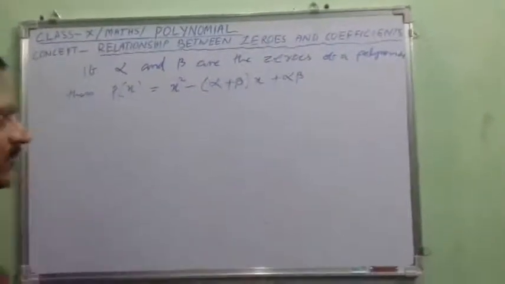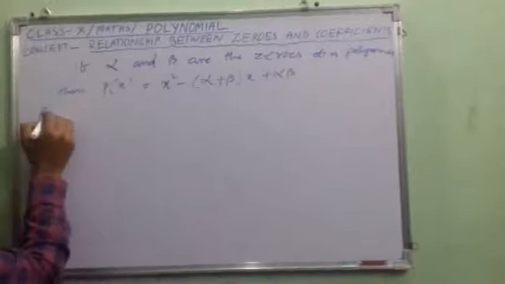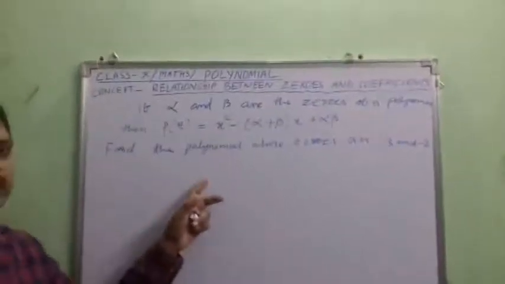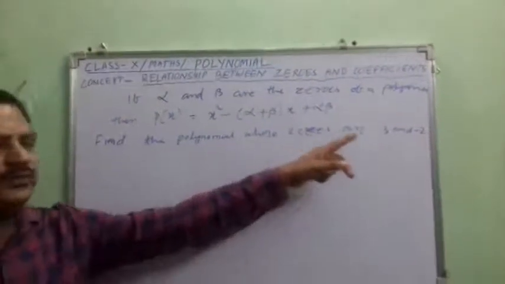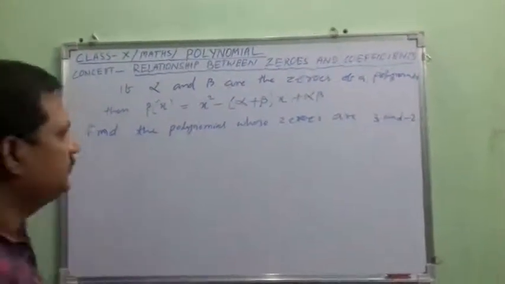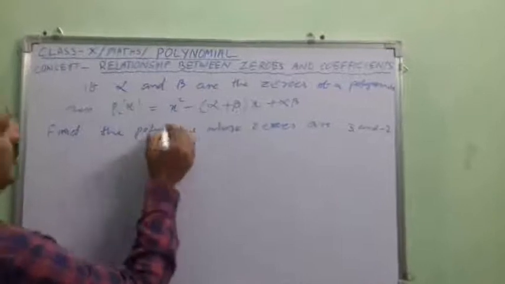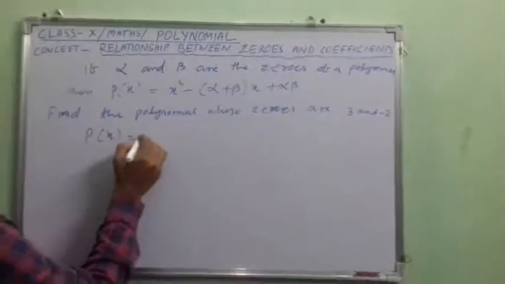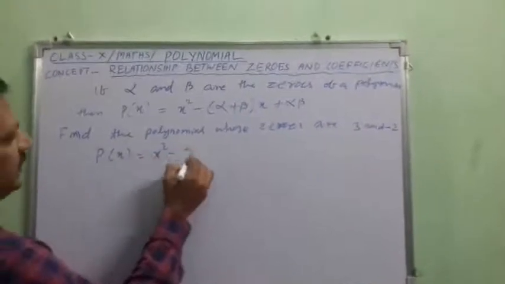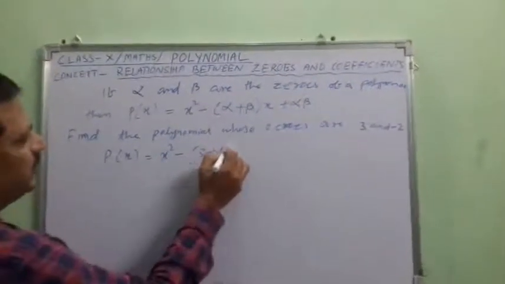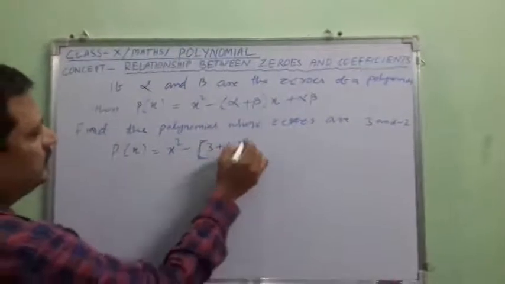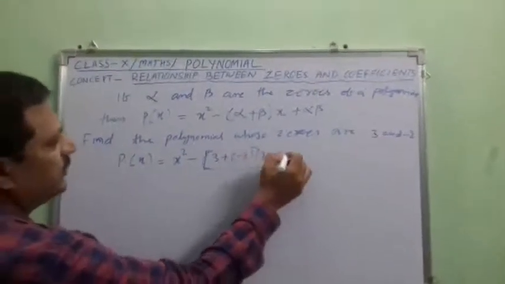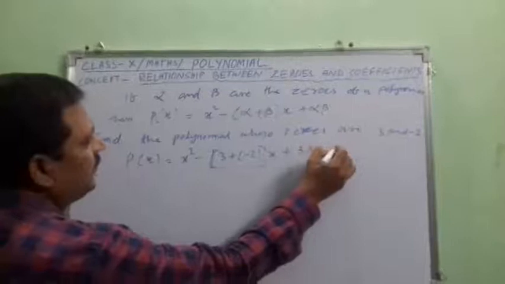Let's take one example. So find the polynomial whose zeros are 3 and minus 2. Now, what is the polynomial? So p(x) equal to x square minus (3 plus minus 2) into x plus 3 into minus 2.